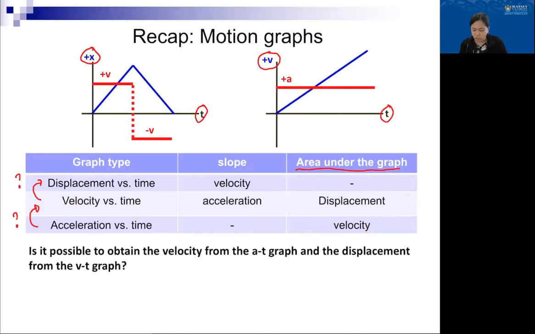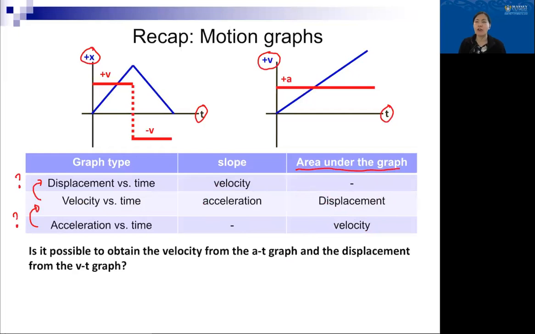So yes, the answer is it is possible to go the other way. So that if you have an acceleration versus time graph, you will be able to get the velocity. And if you have a velocity versus time graph, you will be able to get the displacement.